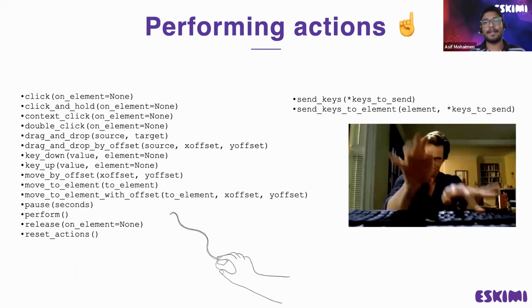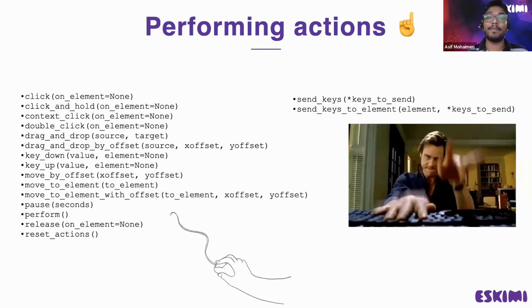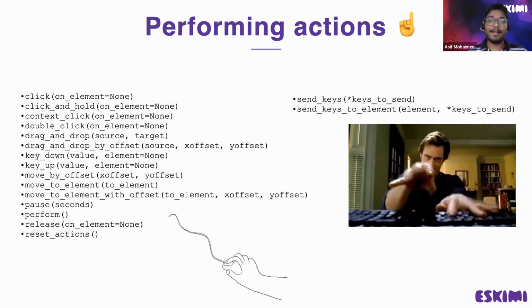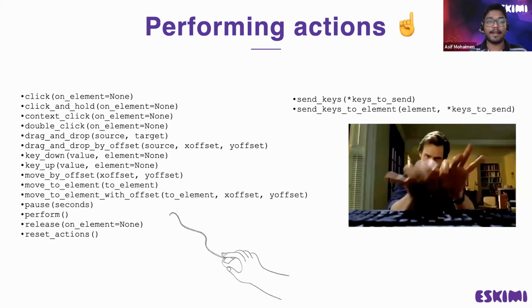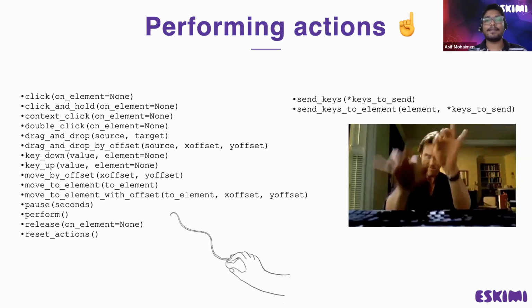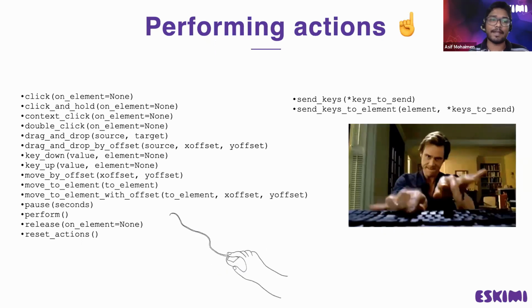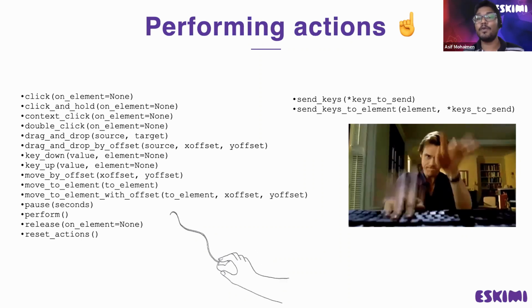If you want to send keys directly to an element, you can use the second specified method here as well. That's pretty much it. That's how a language like Python can act as a human for browsing the internet. And that's how these actions can be performed on the collected elements from the previous step.